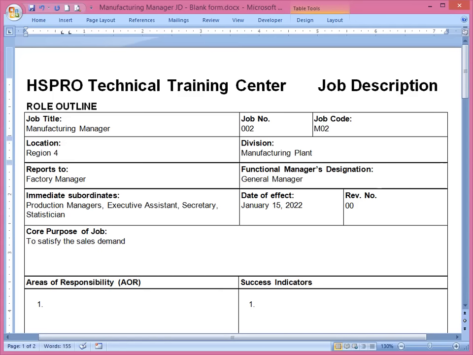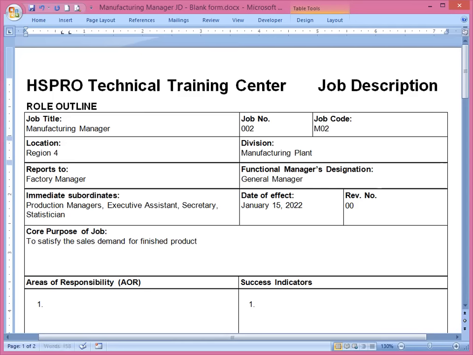Okay, for finished product. Wrong spelling. Finished product. You can say finished product or finished good, but it is more appropriate to say finished product.